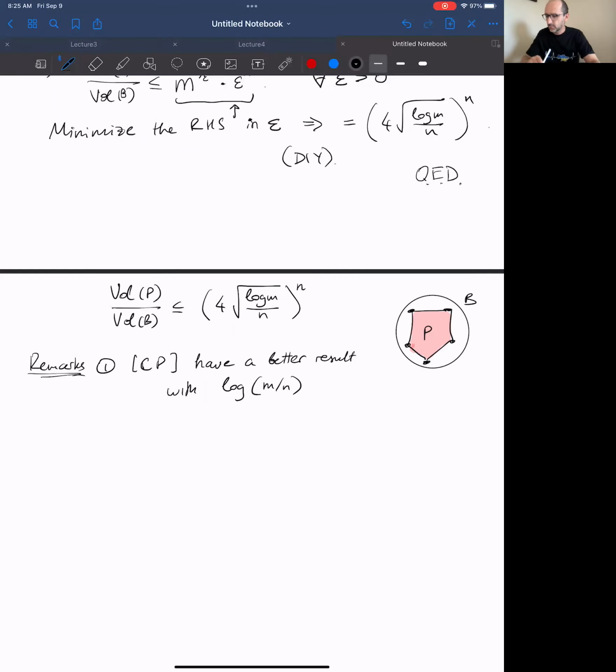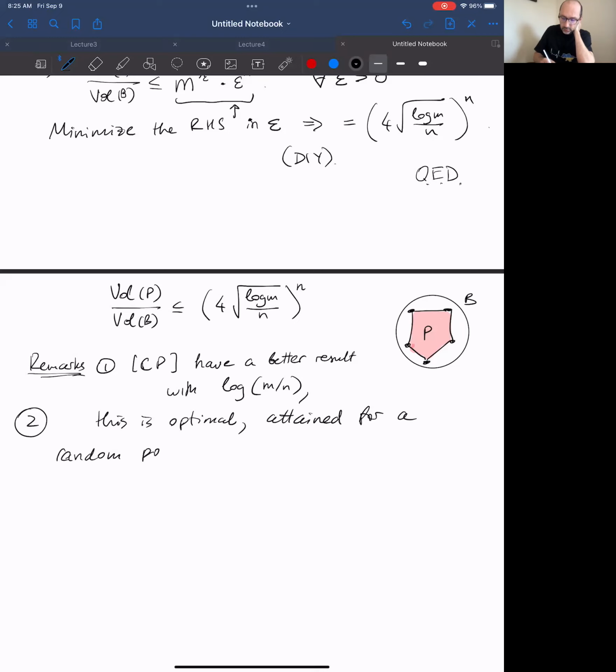This is a very tiny improvement, but I'm bringing it up because that expression is optimal. So what we proved is an almost optimal result, and the lower bound is also true, attained for an interesting object. It's called a random polytope.